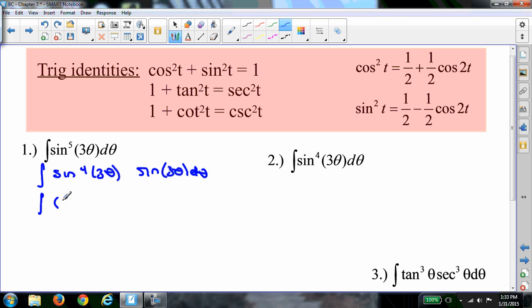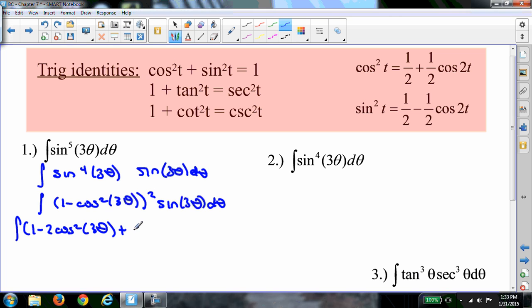And in this case, it's going to be 1 minus cosine squared 3 theta squared to make it sine to the 4th. If I multiply this out, you get 1 minus 2 cosine squared 3 theta plus cosine to the 4th 3 theta. We have this extra sine 3 theta on the side, d theta.